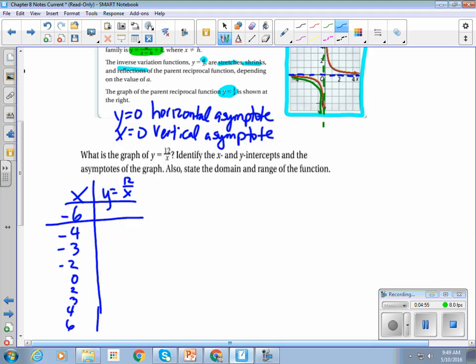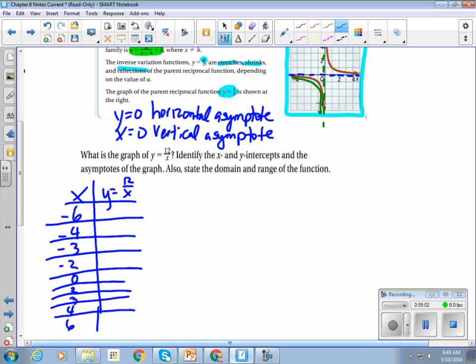So we're going to quickly make a table. I know when you go to make a table, it may seem like a lot of work, but technically it only takes like 10 seconds.